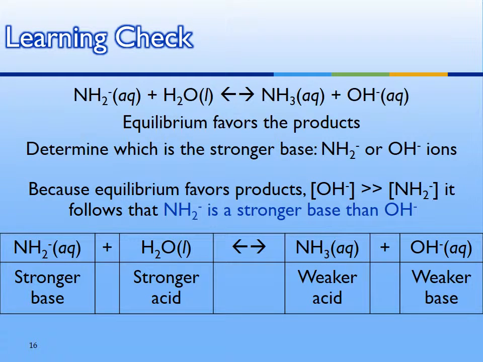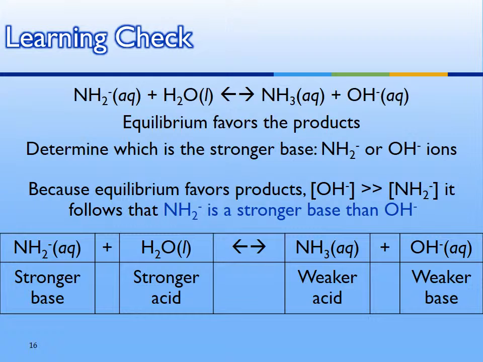Okay, well, because the equilibrium favors the products, meaning that we have much more hydroxide ion in solution than the amide ion, that means that the hydroxide ion must be weaker at picking up hydrogen ions and forming water.